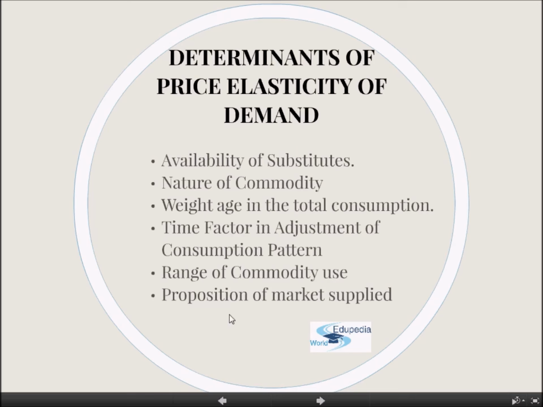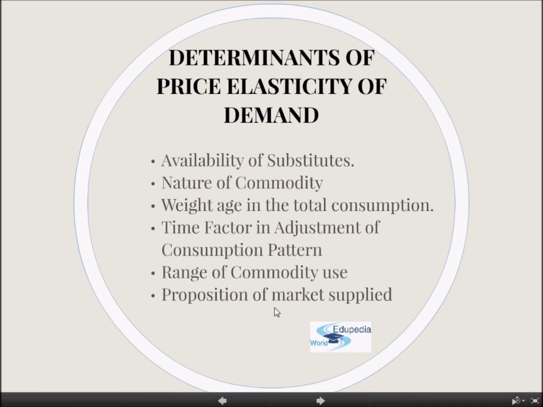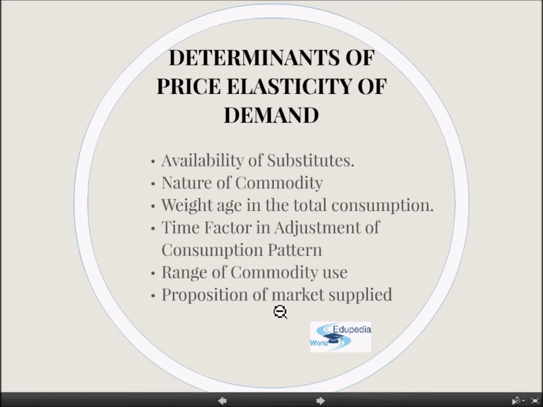The next determinant is proportion of market supplied. It means that if less than half of a market is supplied at a particular price, the price elasticity of demand will be higher, because if the price increases and very few people are using that product, they will decrease the demand instantaneously.